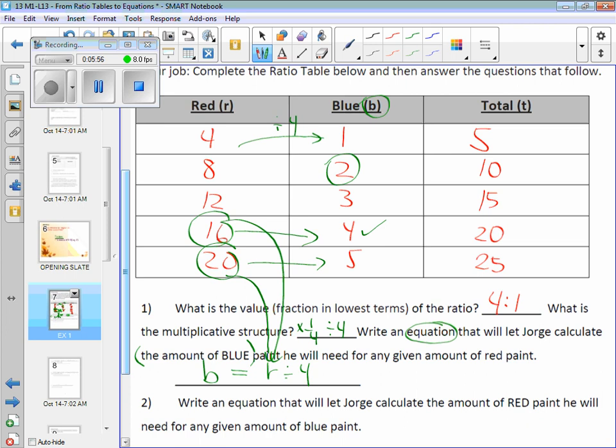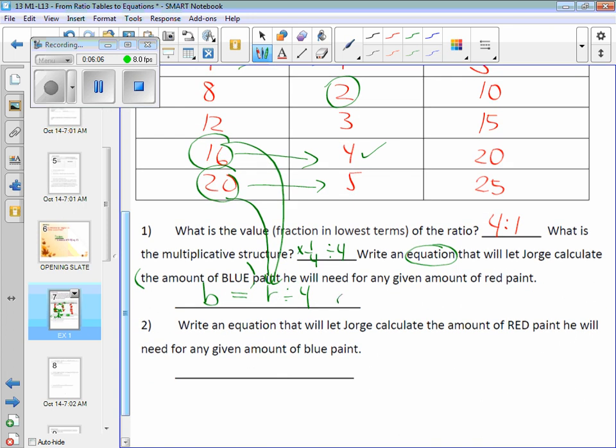Now, for those of you that chose multiplication, dividing by 4 is the same as doing what? Kristen. It's really the same thing. Okay? 4 times 1/4 is 1.